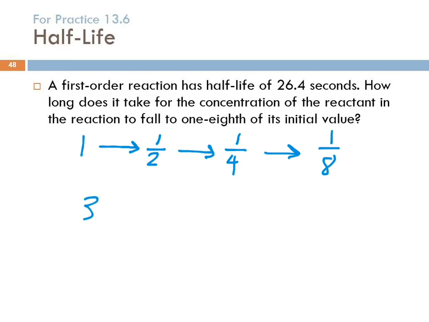So it's 3 times the half-life, 26.4 seconds. I think it was 78 something. 79, close. 79.2 seconds. That's it. Like, we've been doing all this hairy stuff, and now you're just counting and multiplying?